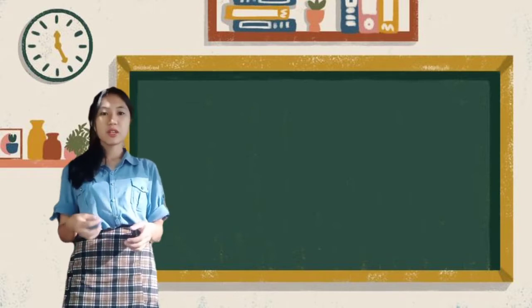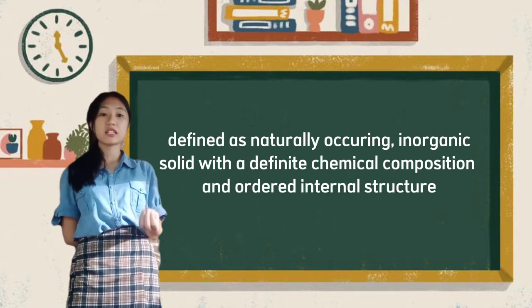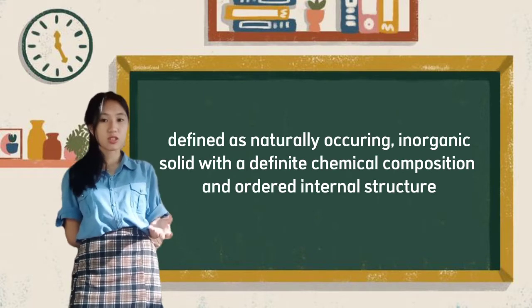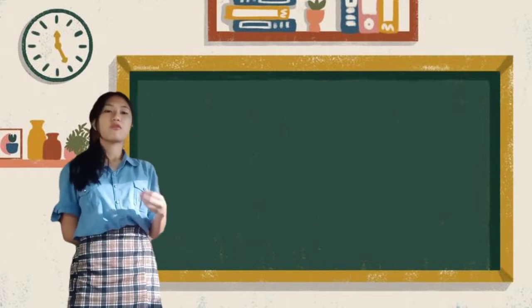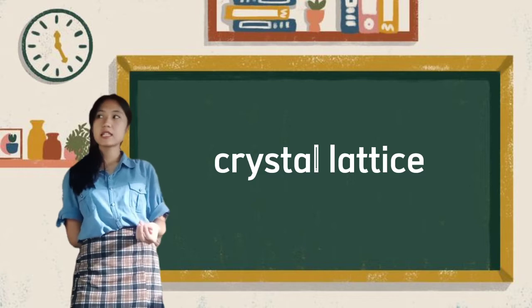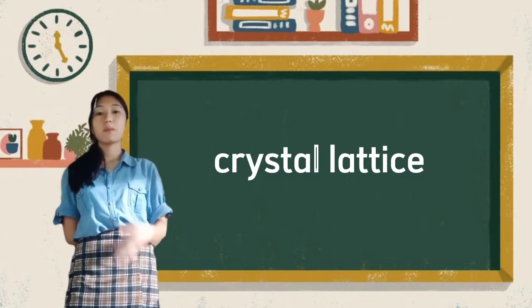To start, we have the minerals. Minerals are defined as naturally occurring, meaning to say, it is a natural cause. Minerals form a structure called the crystal lattice, which is responsible for the shape of minerals.